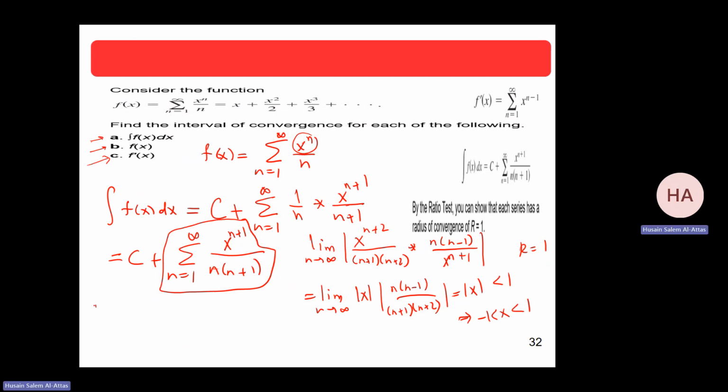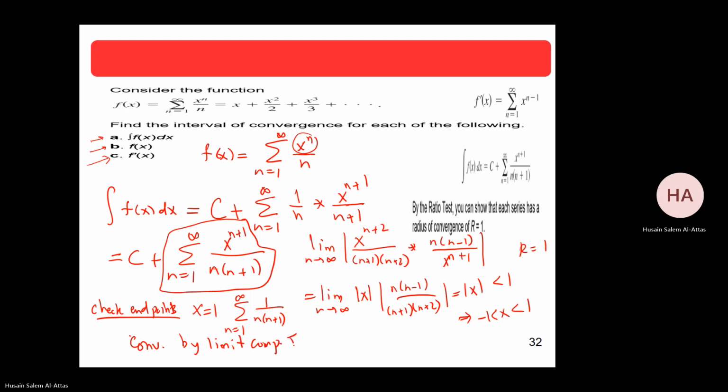Now check endpoints. At x equal 1, that will be summation n equals 1 to infinity, 1 over n times n plus 1. This I can show you is converging, not diverging. It converges by the limit comparison test with the series 1 over n squared. Very easy to see, so it converges.